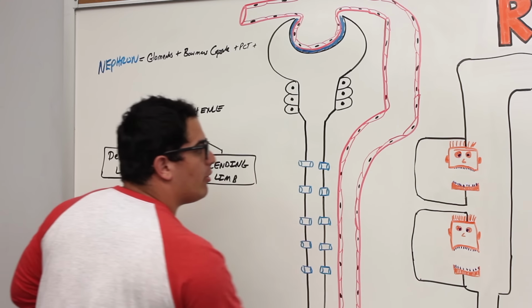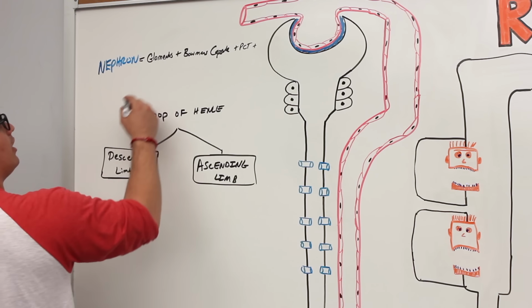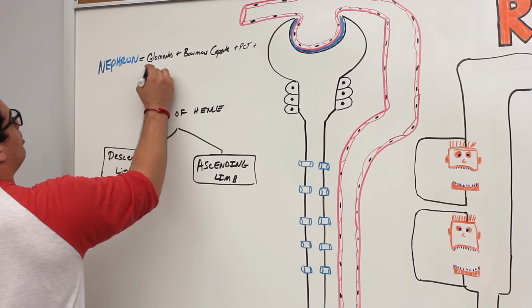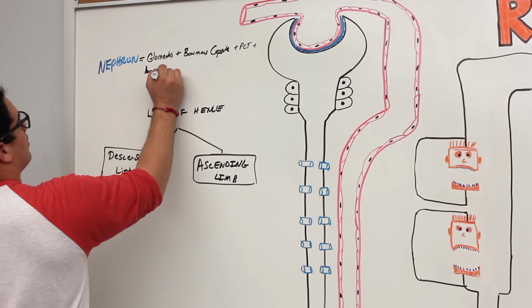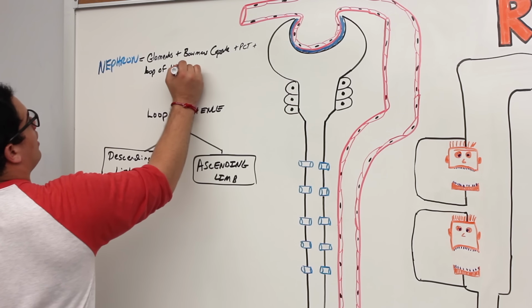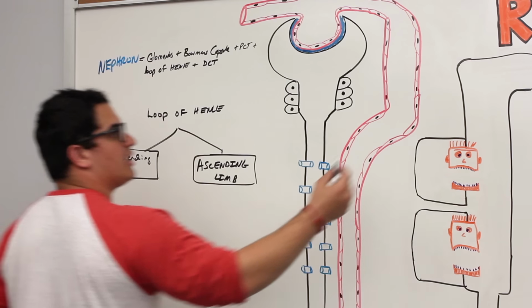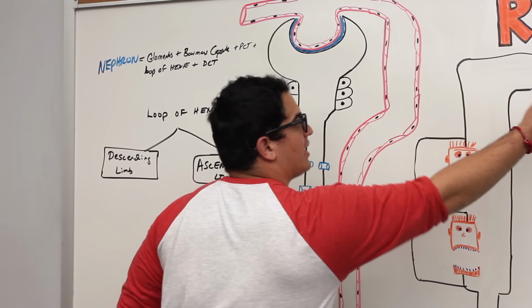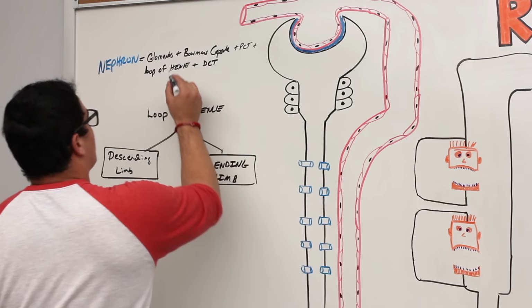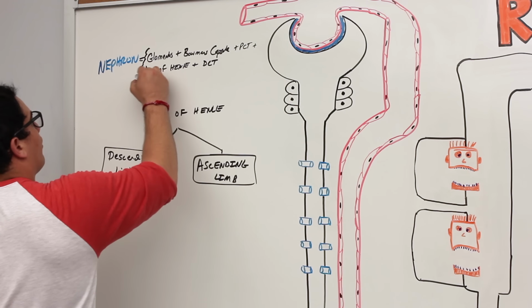It's also going to be the Loop of Henle, so the descending and the ascending limb. So we're also going to add Loop of Henle to this. And then the last part is the distal convoluted tubule, and that's this part that we'll talk about in the next video. This is what makes up our nephron.